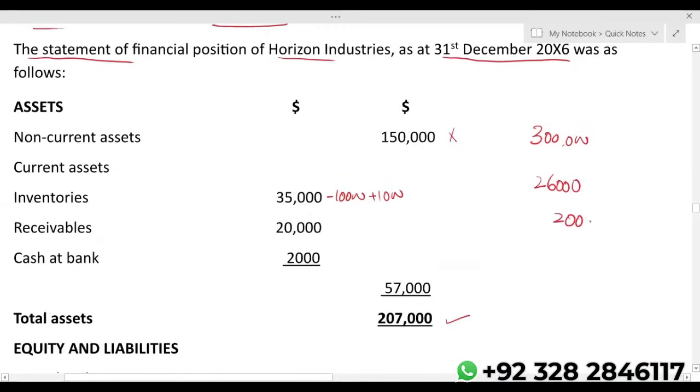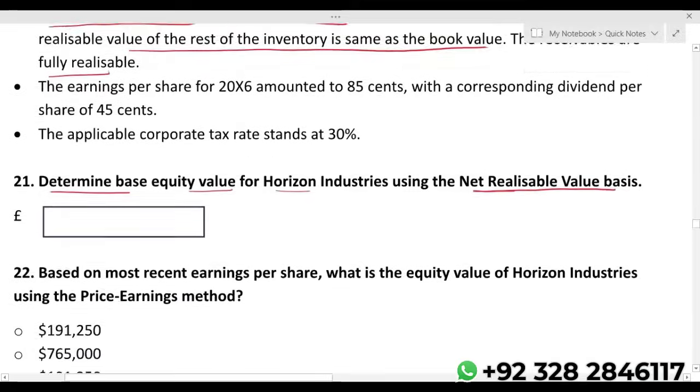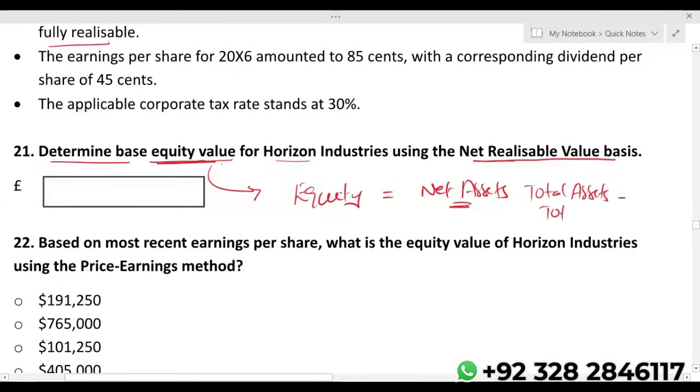20. Cash at bank is 2. Now come here, I'll show you something. Determine base equity value. Always remember that your equity is actually equal to net assets. When we say net assets, it is total assets minus total liabilities.